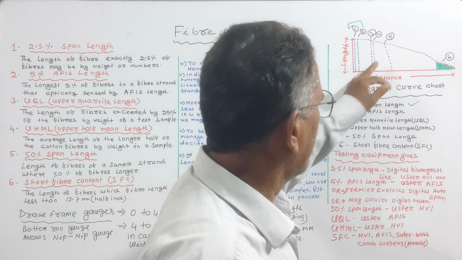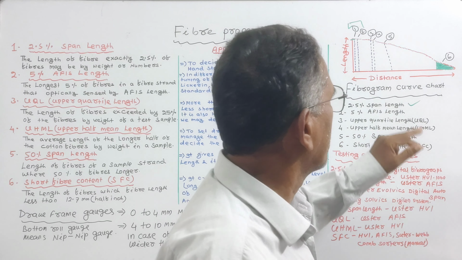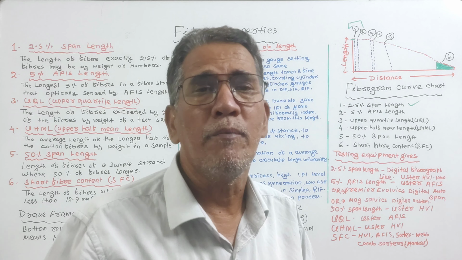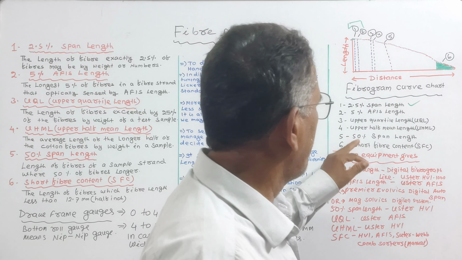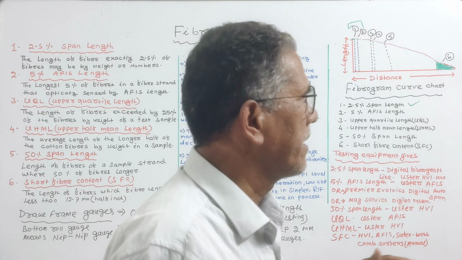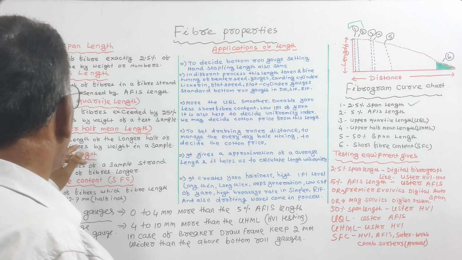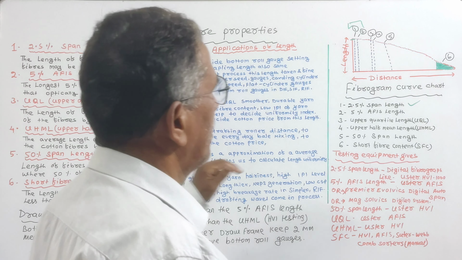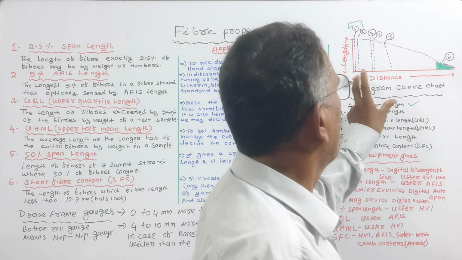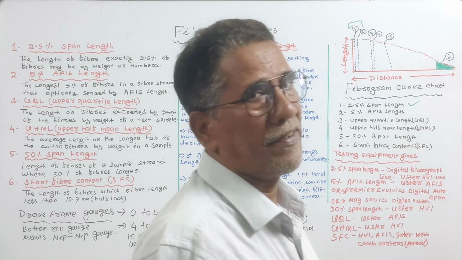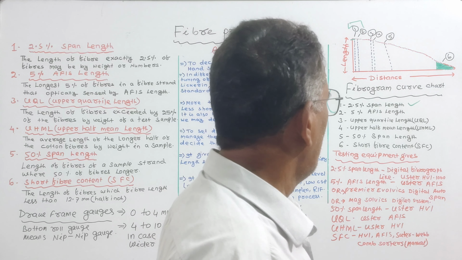And after that see upper half mean length, that comes from the SBI machine, that is the 50% length of fiber. Upper half, you see, the average length of the longer half, the 50% longer half of fiber, that average is called UHML.